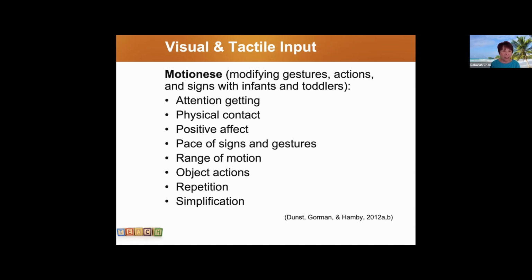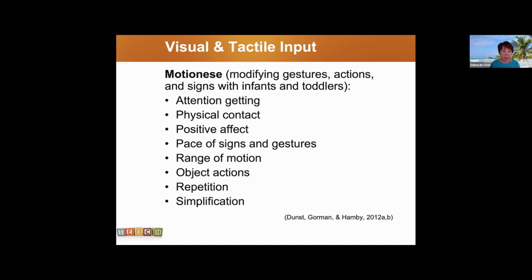So the characteristics are using attention getting, such as tapping, using physical contact, moving closer to the child or touching the child, having positive affect, smiling and enthusiasm, slowing the pace of signs and gestures, changing the range of motions of gestures, so making them larger, using objects for their actions.